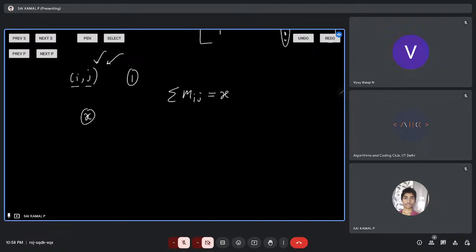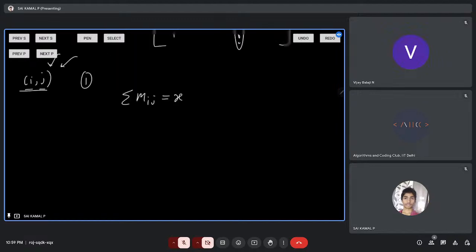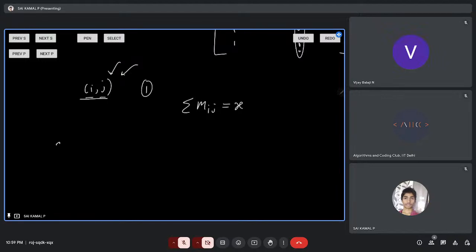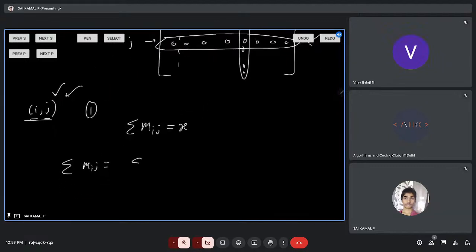So I will present two different ways of solving this problem. The first method is figuring out what exactly it means to do this operation. So first let's figure out the sum of all elements in this matrix. So what would that be? Sigma m_ij. If we see, this is just sigma over i, j of a_i times b_j for all i and for all j.